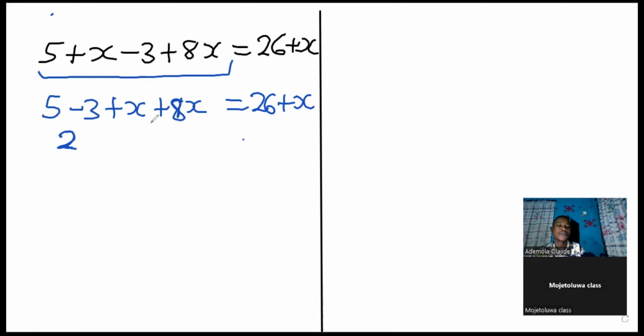What will it give you? 9x. Positive 9x. We already have 2 there, so you cannot just write 9x like this, so that it will not look as if you have written 29x. So you write it as positive 9x. Then you now say equals to 26 plus x. And you know you cannot add x to 26 because they are not like terms.